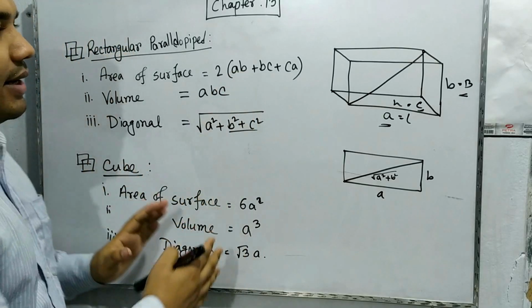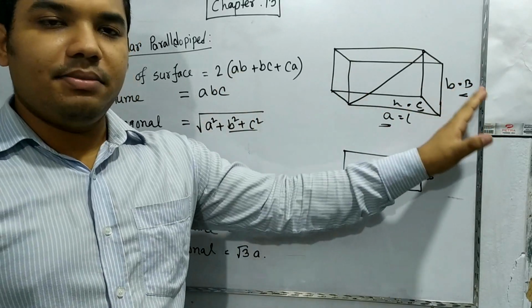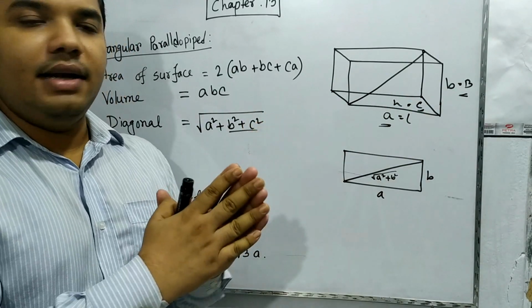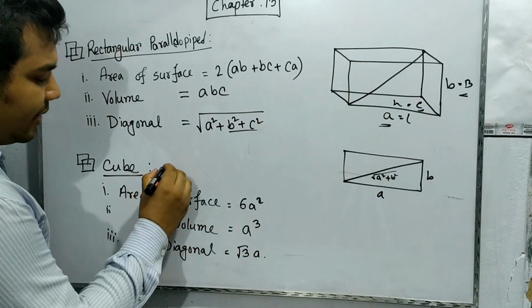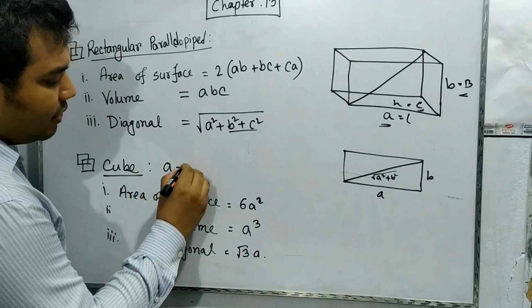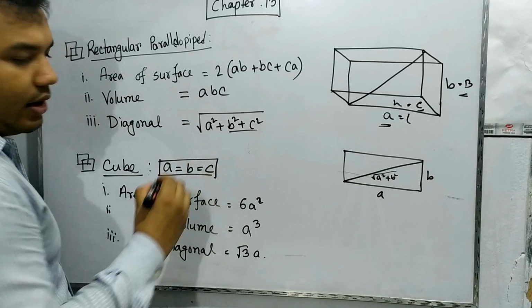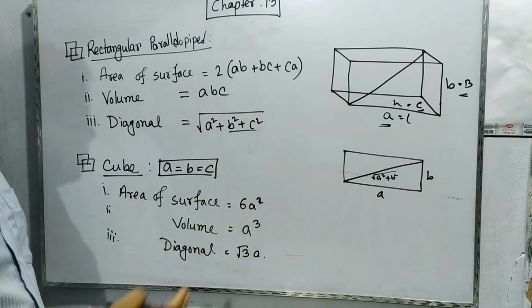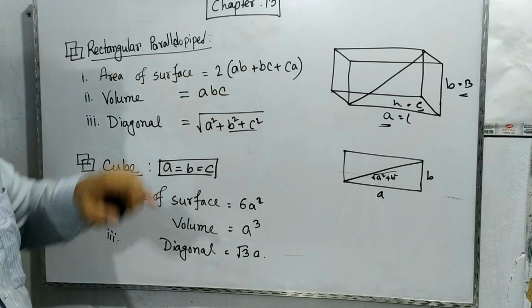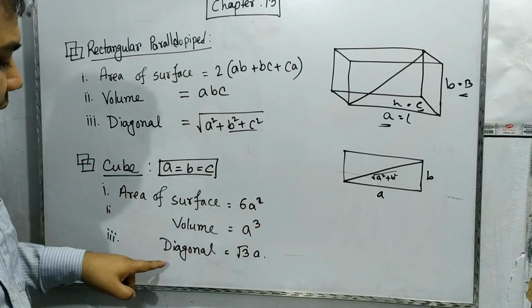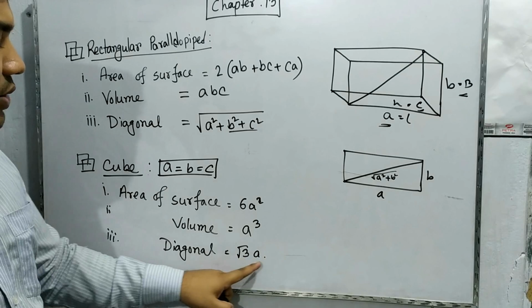But in the cube, all the length, breadth and height would be the same. So at that time we can say A is equal to B is equal to C. All are equal. If all are equal, then the area of the surface will be 6a square, the volume will be a cube, and the diagonal will be root 3 into a.